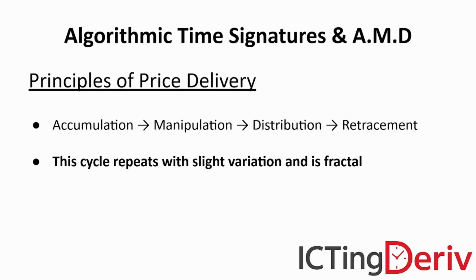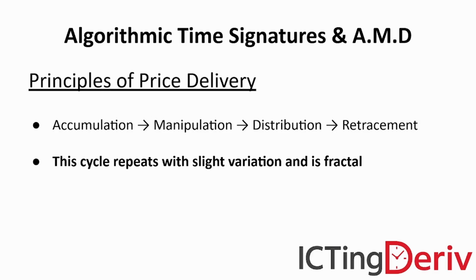So when you study the market using this lens, this perspective, where you look to see where the accumulation happens, where the manipulation happens, where the distribution happens, and retracement at the end of that distribution happens, you will begin to see certain time signatures that couple with the AMD.